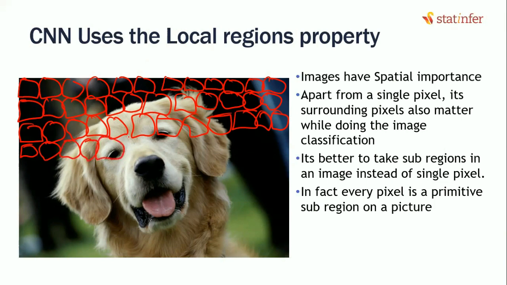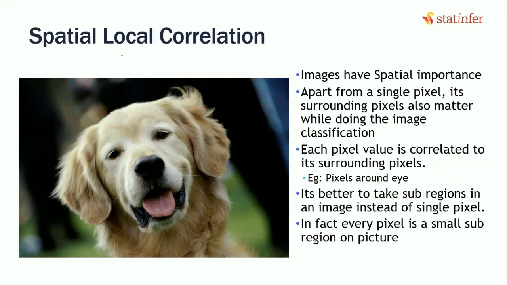Pixels around the eye, earlier we were saying pixels around the nose, somehow that information will be carried forward. Local correlation, spatial dependence will be given preference. Whatever ANN was losing by converting into a flattened array will not be lost here.